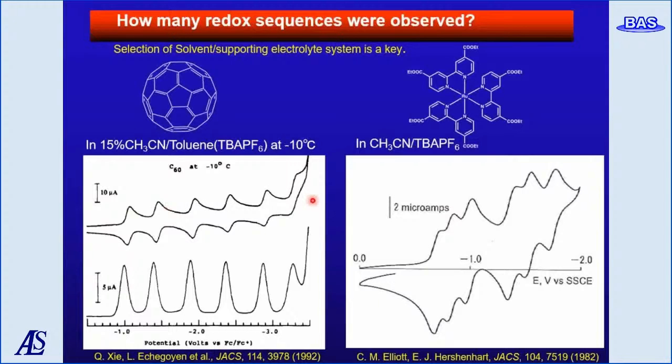The second example is the tris(4,4'-bis(ethoxycarbonyl)-2,2'-bipyridine) ruthenium complex. In this complex, the 3 bipyridines are first reduced one by one to become 3 monoanion radicals, followed by another 3 reductions of the peripheral ligands to 3 dianion radicals.